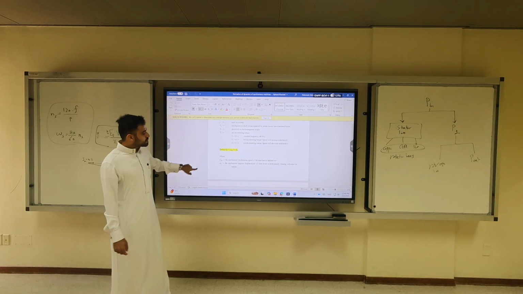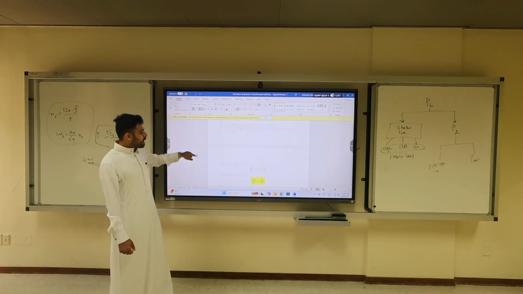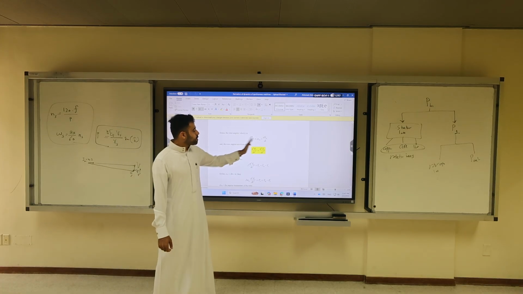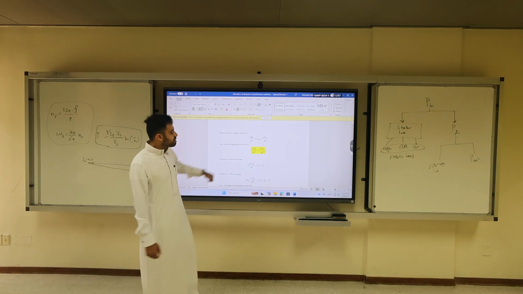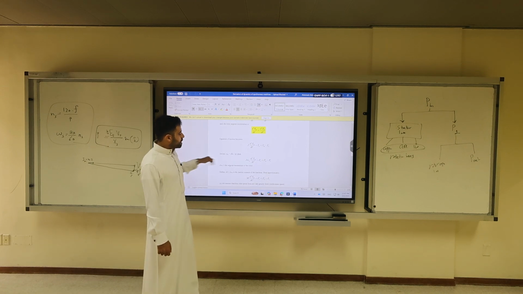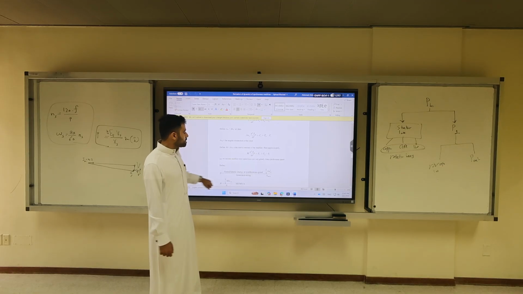These are the parameters. If you define theta as omega t plus delta, and do the substitution, take the derivative of the two sides, take the second derivative, and resubstitute everything, you will reach this equation.